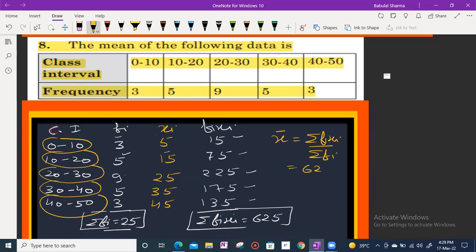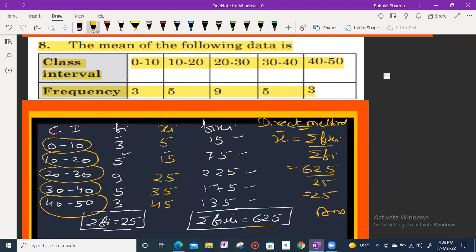That is 625 upon 25, that is 25, the answer. So the mean of the given data is 25. This fx method is said to be which method? It is called the direct method. And this question will come for 2 marks.